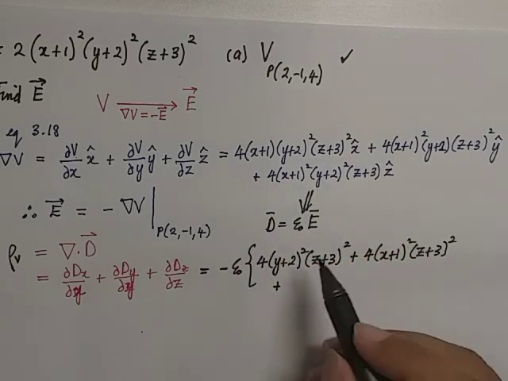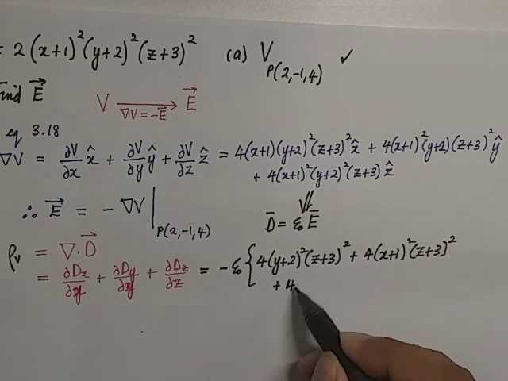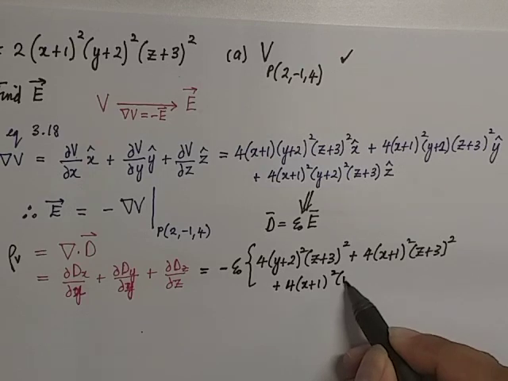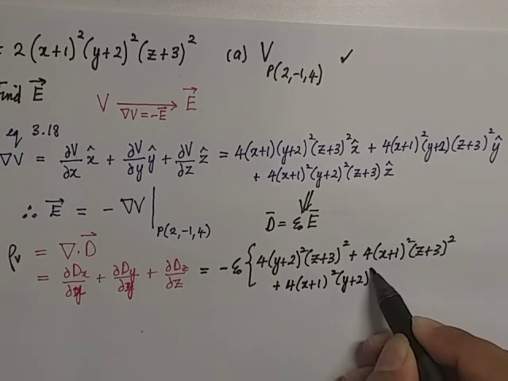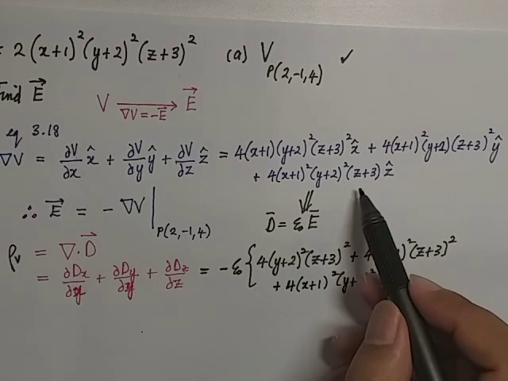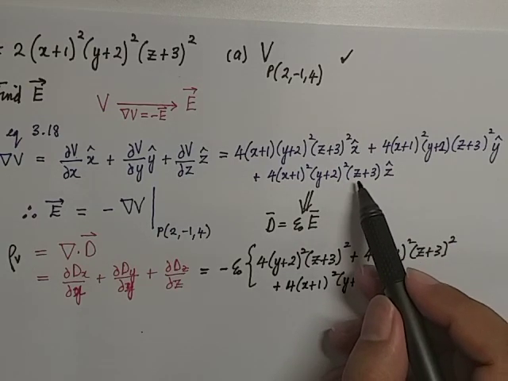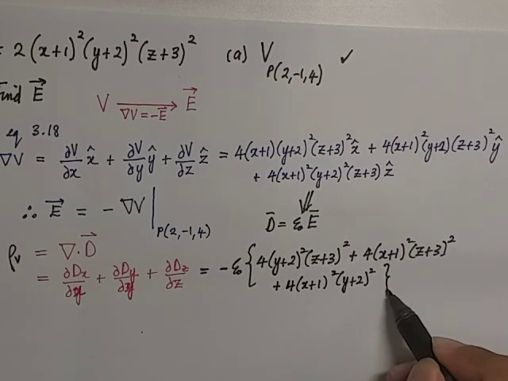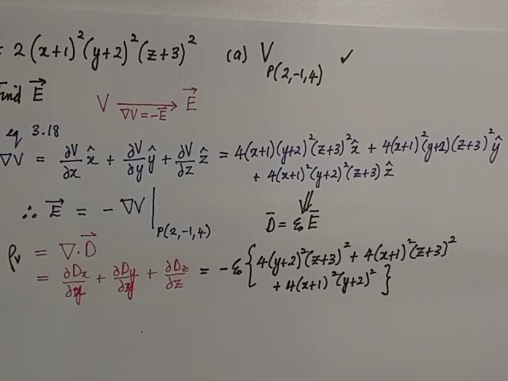We differentiate, and it's going to be 4 again, x plus 1 squared, y plus 2 squared, and when we differentiate with respect to z, it ends with 1, so nothing appears. This is our final differentiation term.